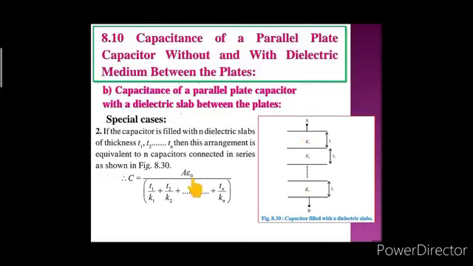So here we can write for the different values of the dielectric slabs, that is, it is having different thickness. So for the different thickness of the dielectric slab, we are writing the formula as A epsilon naught K upon t. Okay, and this K upon t ratio we are writing in the denominator as t upon K.